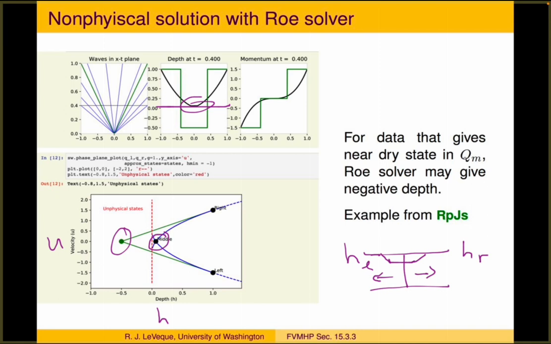So mathematically, that's a perfectly fine solution. You can work out where that intersection is, but you find a depth of minus 0.5 here, which just doesn't make physical sense. And the reason is that these integral curves in the hu plane are varying rapidly enough near the h equals 0 axis that the Roe solver for these states is simply not capturing that well enough.